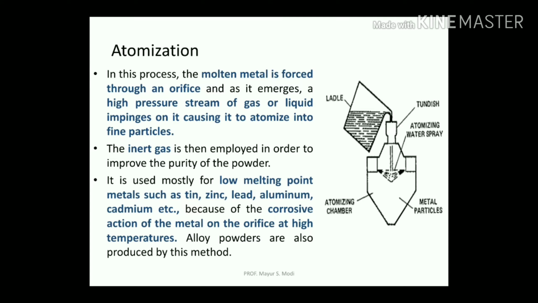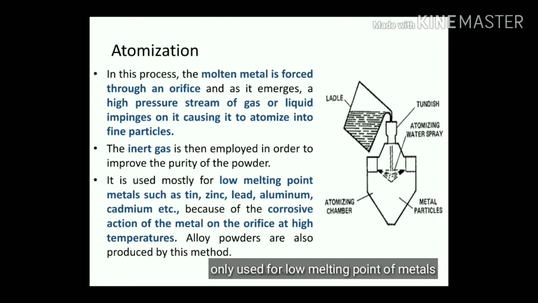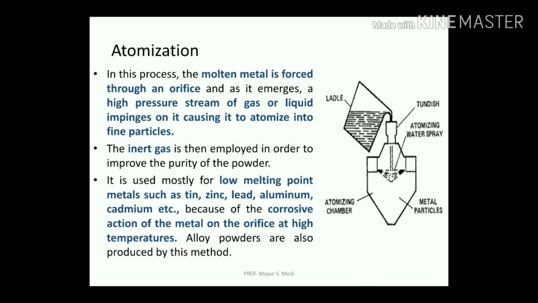It is used mostly for low melting point metals such as tin, zinc, lead, aluminium, cadmium, etc., because of the corrosive action of the metals on the orifice at high temperatures. Alloy powders are also produced by these methods.